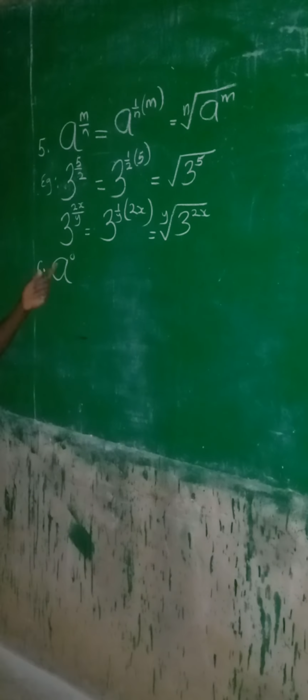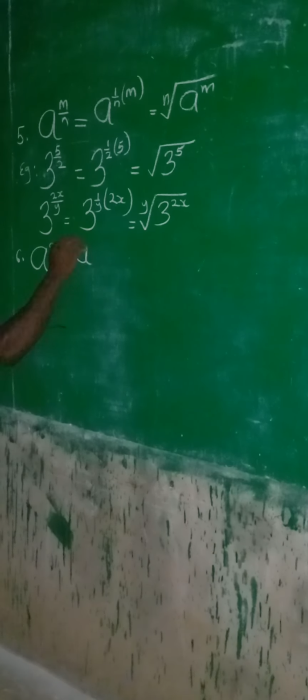Now let's look at law 6. Let's say a exponent 0. We know that a exponent 0, or any number exponent 0, is 1, right?